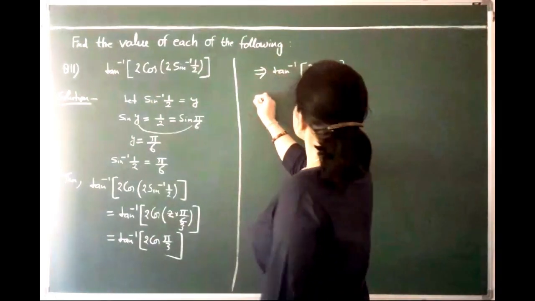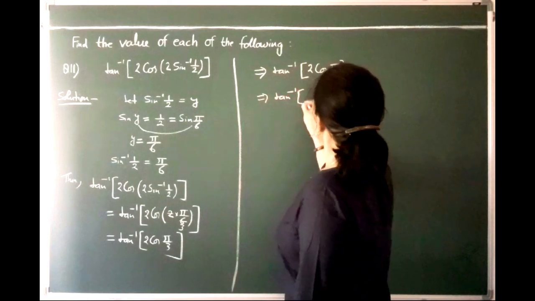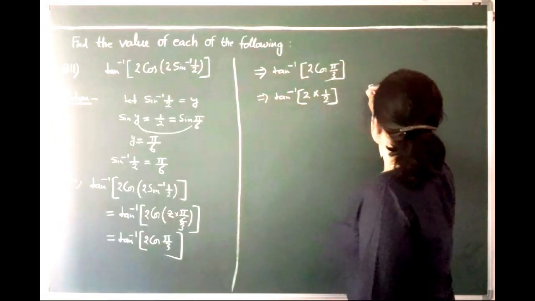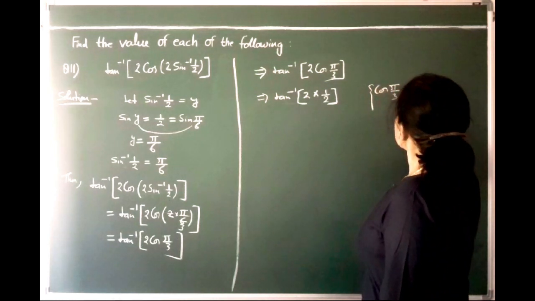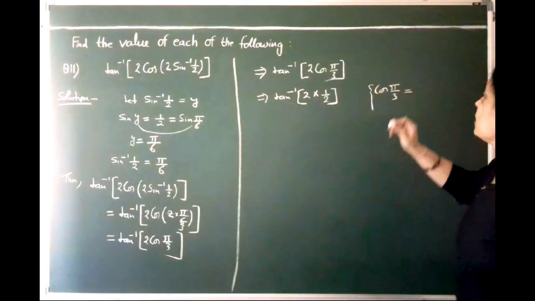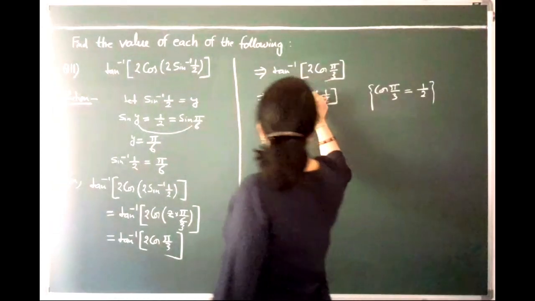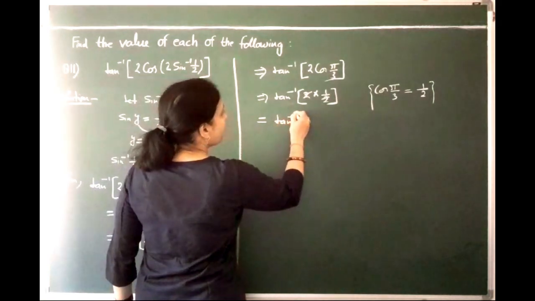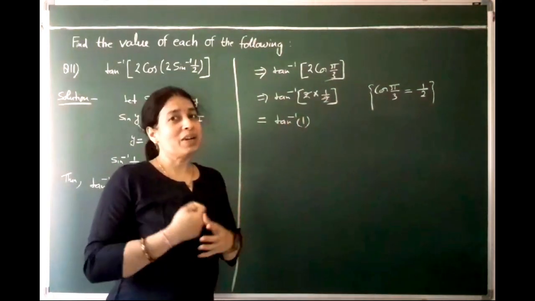So right here tan inverse 2 into 1 by 2. Divide this 2 by 2, it will be 1, so it will be tan inverse 1, and tan inverse 1 will be pi by 4.